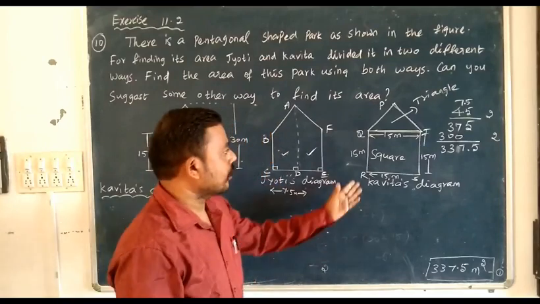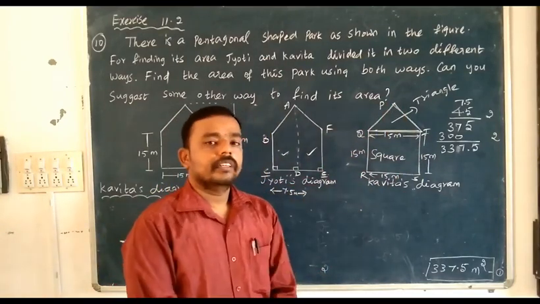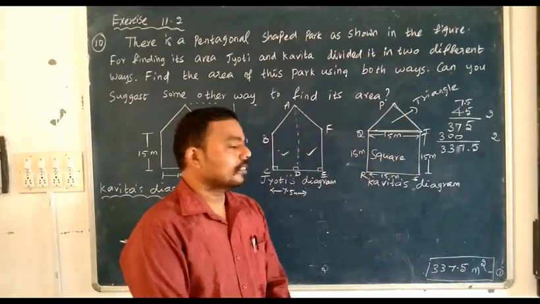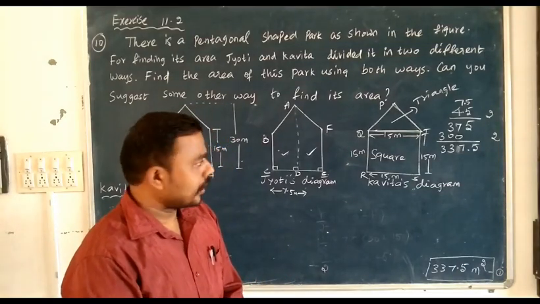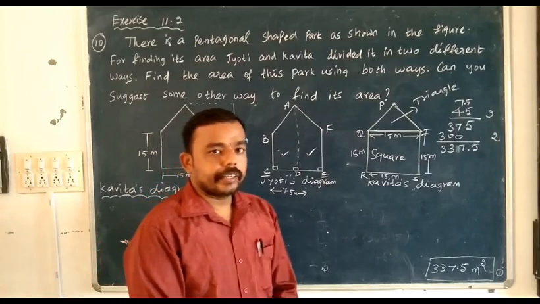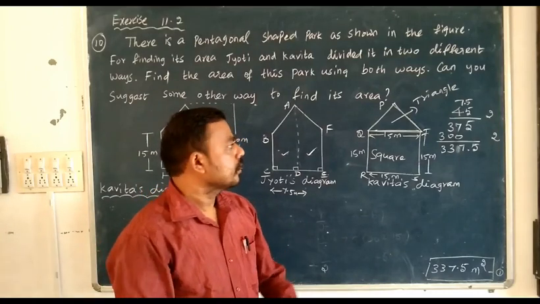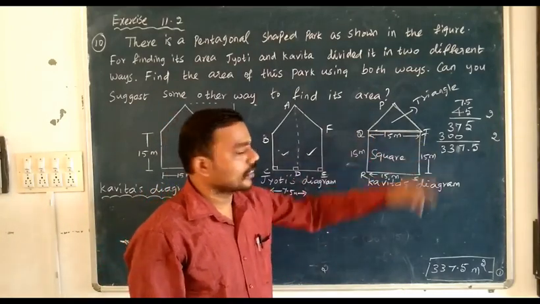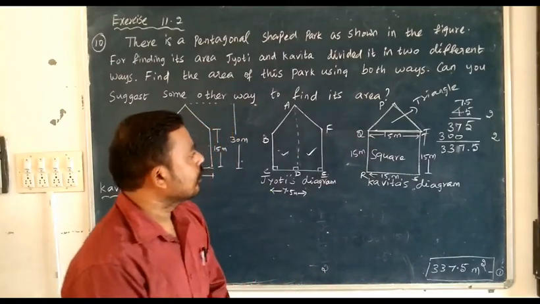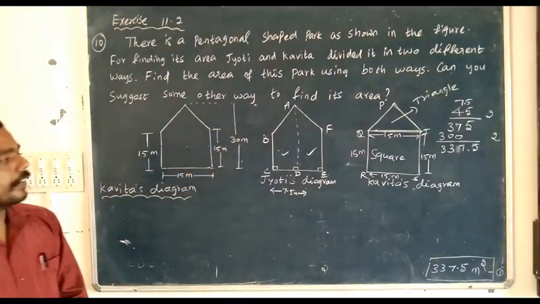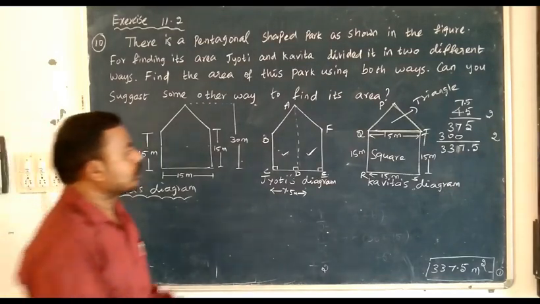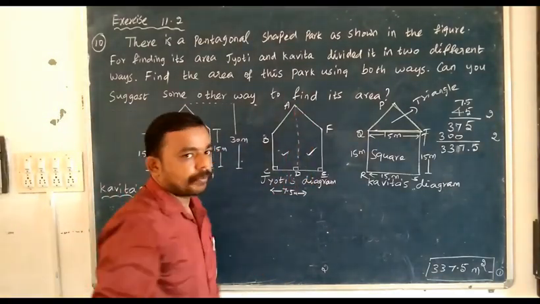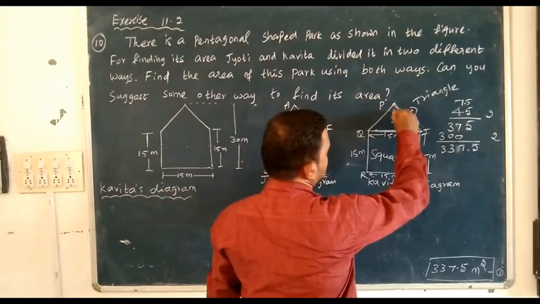So the area of the whole thing is the area of the triangle plus the area of the square. Further, here I need a perpendicular line. I can consider QT as a base, but the perpendicular line is not given directly. We need to find it. This line is already given in the form of a perpendicular line, that is 30.